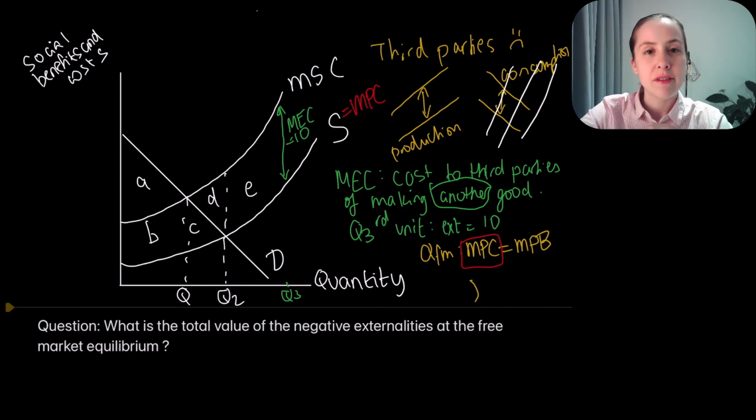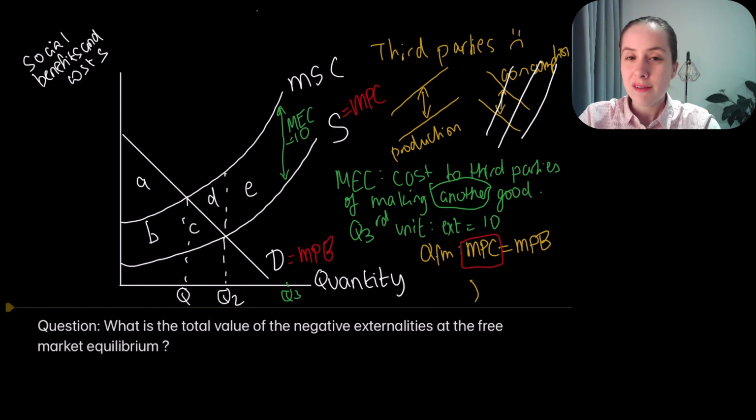Take a look at my other videos for a deep dive into that one. So we know the MPC curve is that one. And again, households will demand according to how it benefits them. They're being kind of sneaky, but we know the free market equilibrium will be where supply equals demand, or where MPC equals MPB, and that's going to be Q2 in this case.